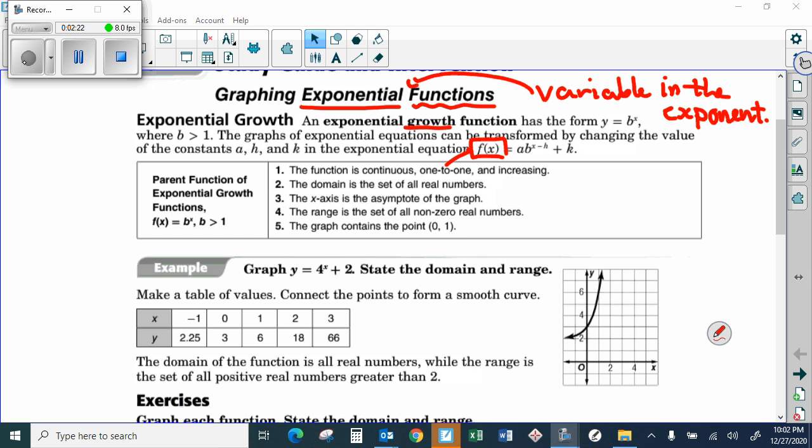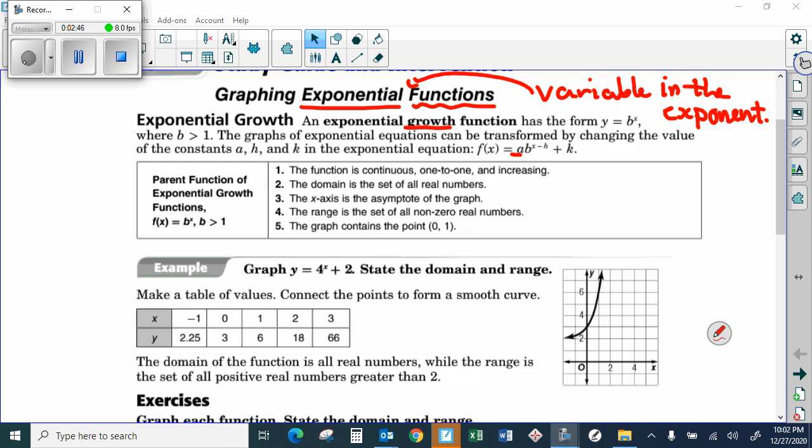F is the name of the function. It could be c of x, g of x; that part is just the name of the function. The variable inside is the independent variable, which means it has to be the exact same variable that's on the other side of the equation. That's what you know to plug in there. And so f of x is function notation.